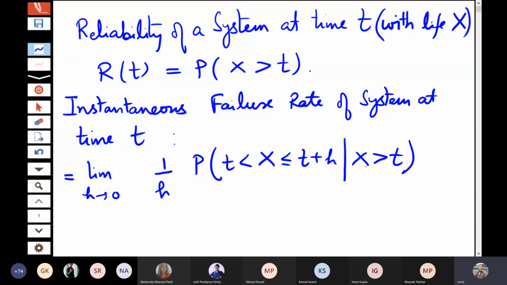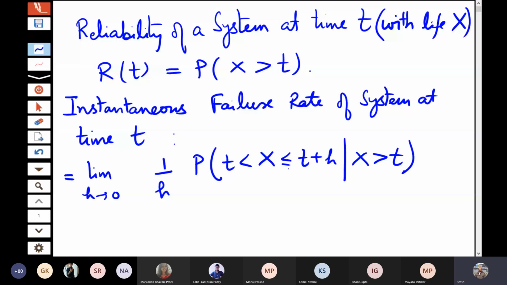So given that the system is functioning at time t, what is the probability that it fails just after time t, that is from t to t plus h? We consider the length of the interval as h, so we divide by h and then take the limit. Then this is called the failure rate at time t. So what does it mean?